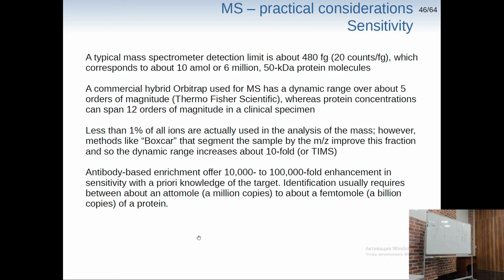And we can use antibody-based enrichment, which can get us up to these numbers of fold enrichment, but it's not always possible. If we don't know what we are looking for, or if we can't provide the supplier of antibodies with enough antigen, even a synthetic one, we'll never be able to get antibodies for this protein. So it's still a problem.